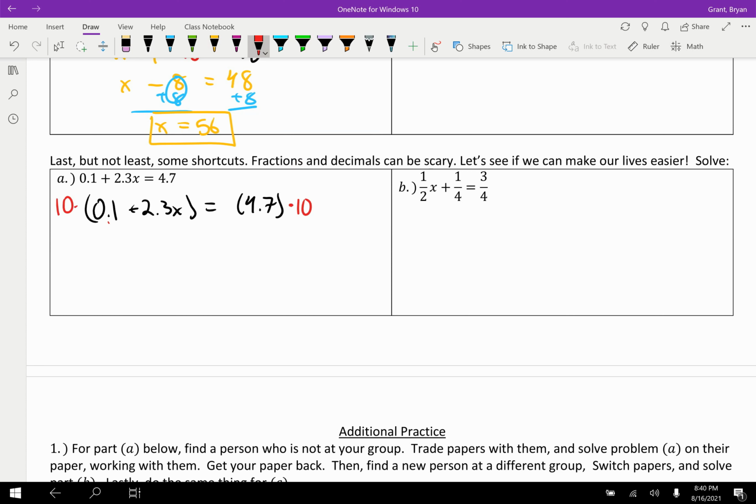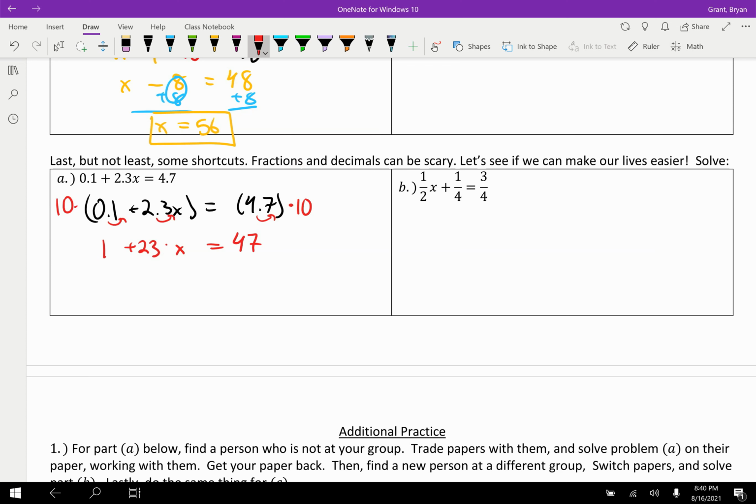If you multiply by 10, it moves every decimal 1 to the right. So this becomes 01 and a decimal plus 23 and a decimal equals 47 and a decimal. But we learned in the past, if you have a decimal at the end of numbers and nothing past it, you don't even need to write the decimal. And we also remove, we call these leading zeros, that 0 there.